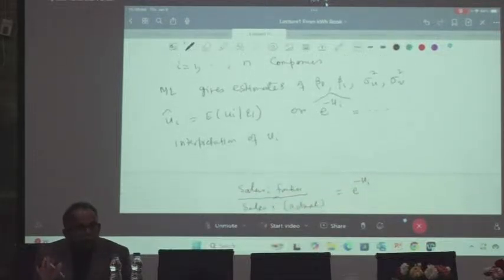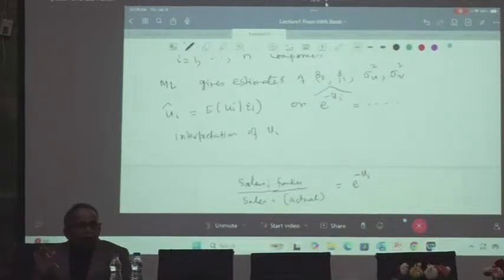So the purpose here is that we want to get an interpretation of u. If it is e to the power minus u, that is the Battese-Coelli style model, you don't have to do anything, because then you can just say it's a measure of by what percent your sales is less than the maximum, so you can interpret it directly.